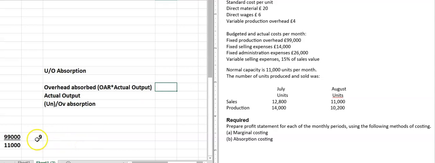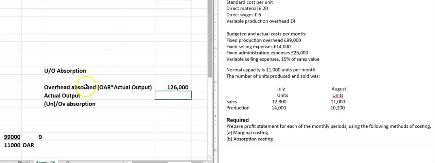So 9 into actual output is how much? For the month of July, actual output means actual production, that is 14,000.